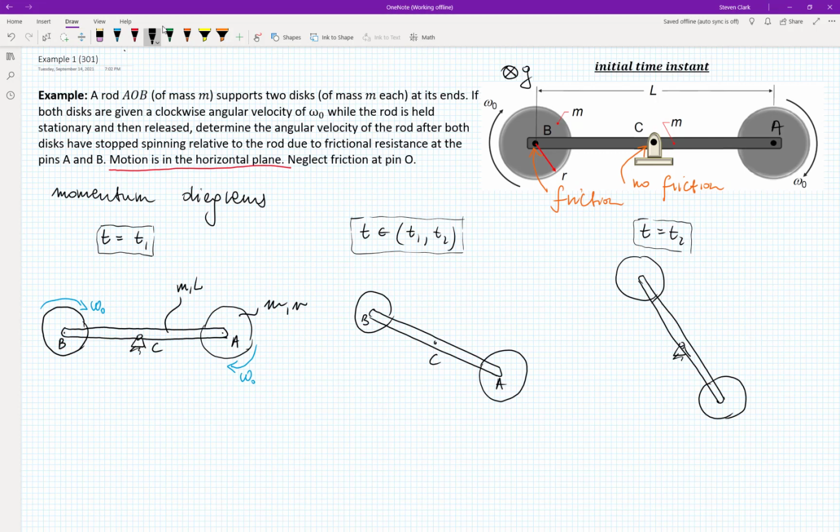And in here, disks will stop rotating about their own centers of mass, but instead our entire system will have some omega final. And they ask us to find it actually.